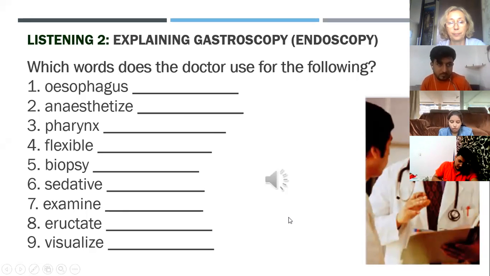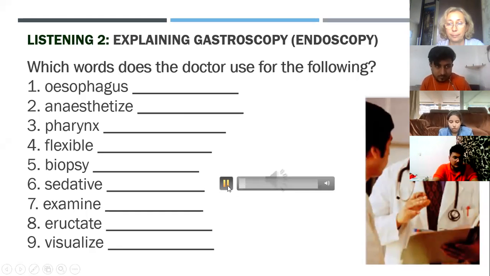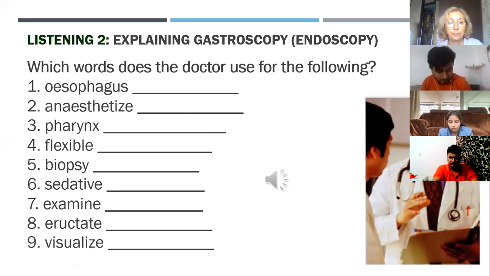I need to explain the procedure to you and get you to sign the consent form. Okay. So we're going to do something called a gastroscopy. Do you know what that is? No, I don't know. Well, what we're going to do is have a look at your gullet and your stomach to see what's going on there. Okay. It's a routine procedure. What we're going to do first is to give you something to help you relax, and then we're going to numb your throat with a spray.